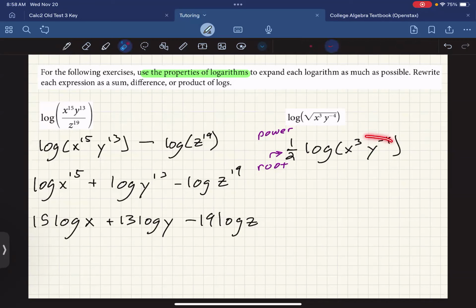Now we can break apart the x and y factors into that sum, but just don't forget you had a 1/2 out front. So we need to do 1/2, and I'll put a bracket, log of x cubed plus log of y to the negative 4.